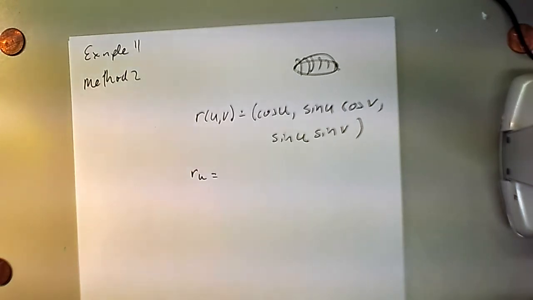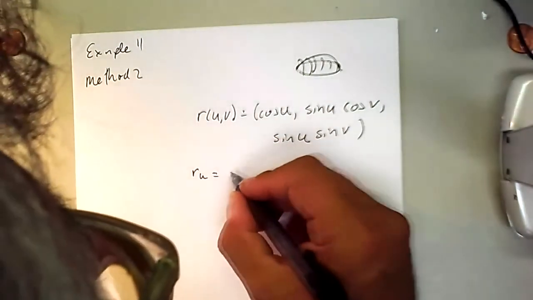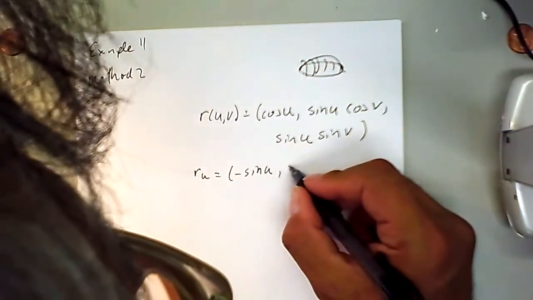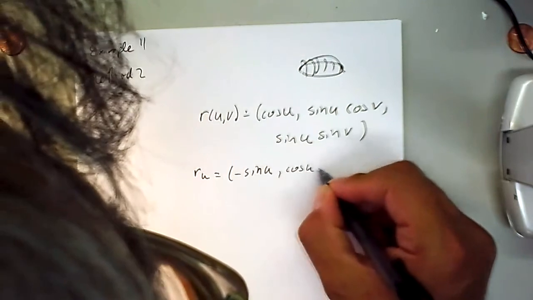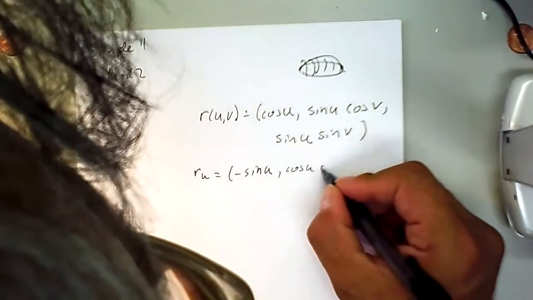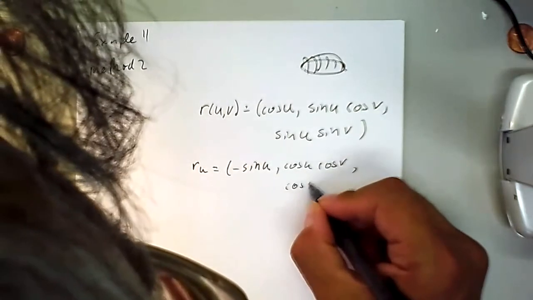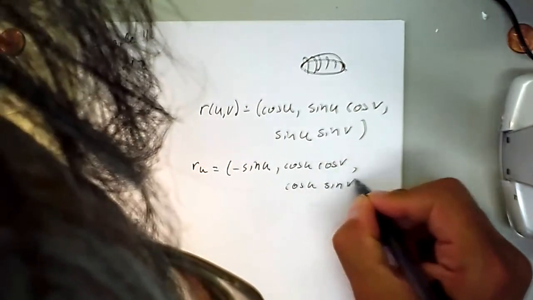It's going to be sine of v. Let's do it real quick. Okay, so negative sine u, cosine u, cosine v, cosine u sine v.